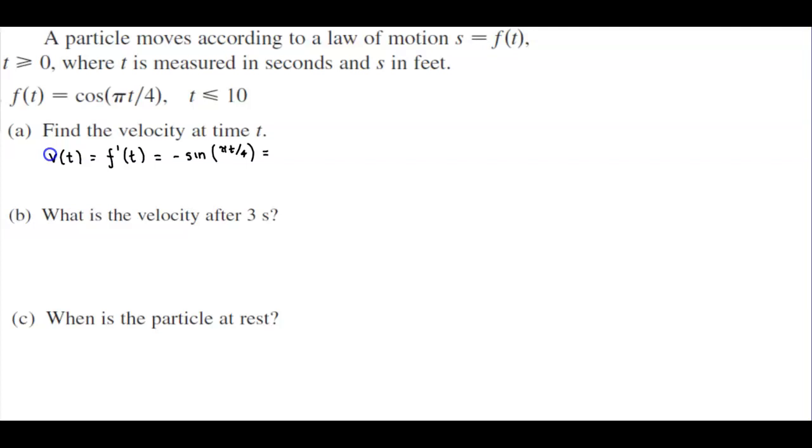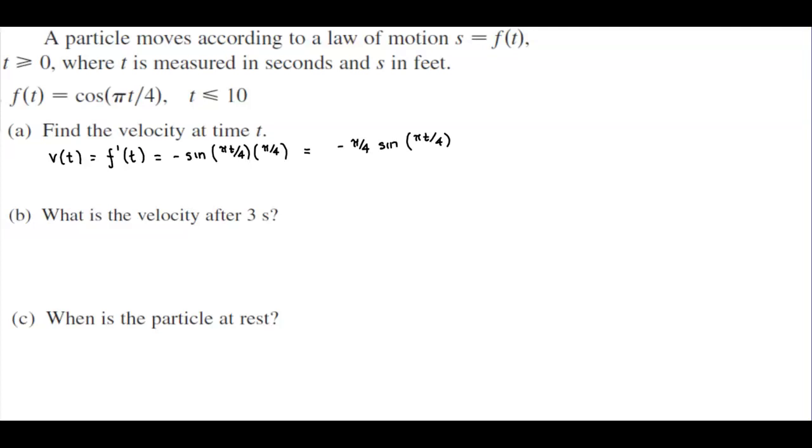So the derivative of pi t over 4 is equal to pi over 4. So therefore, this is equal to negative pi over 4 times the sine of pi t over 4.